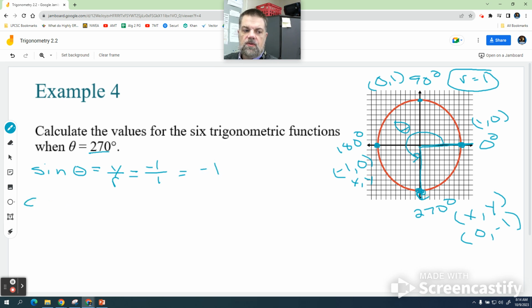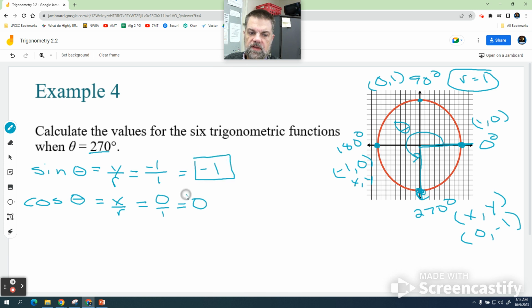If we say cosine of theta at 270, that's x over r, which is what? 0 over 1, which is just 0. So this is -1. This is 0.